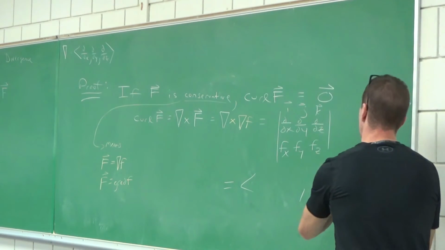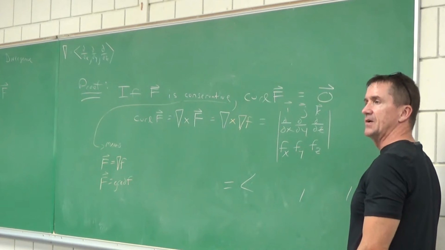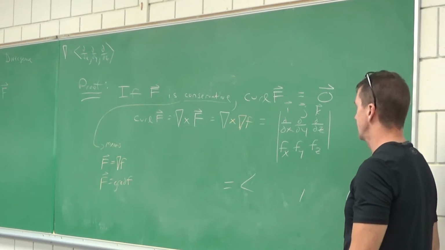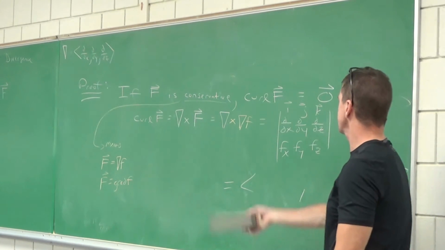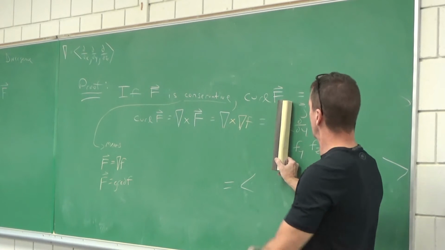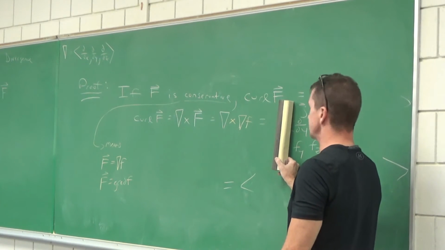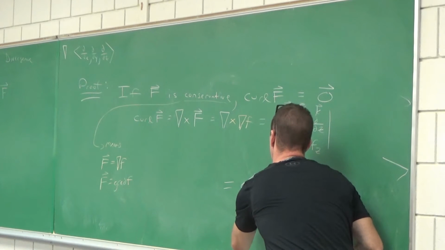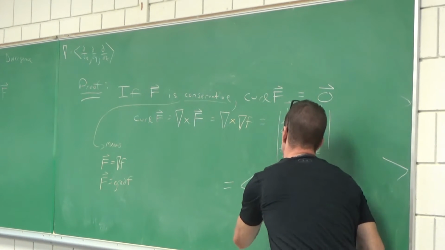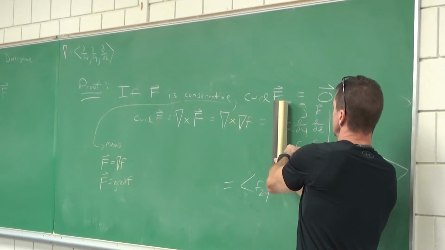Alright, if F is conservative, prove that the curl of the vector field would always be 0. Are you ready? Wipe this out. The partial of this with respect to y, minus the partial of this with respect to z.